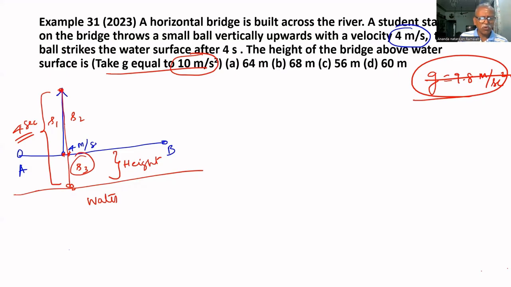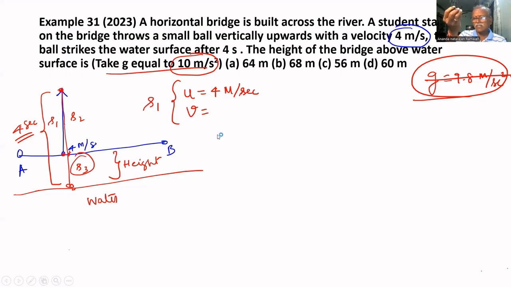If you throw a ball upward with the initial velocity u equal to 4 meters per second, what is the final velocity? First let us solve for S1. It goes up, at one point it stands still, then it comes down.